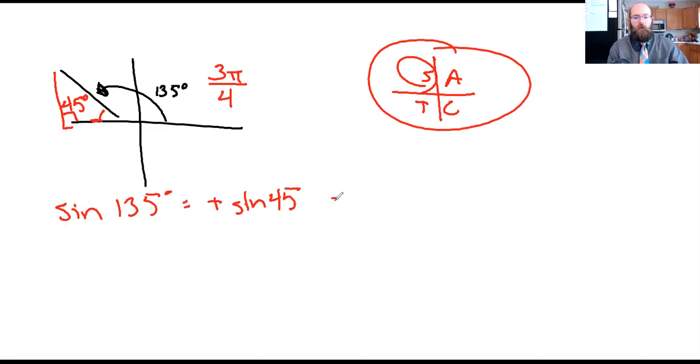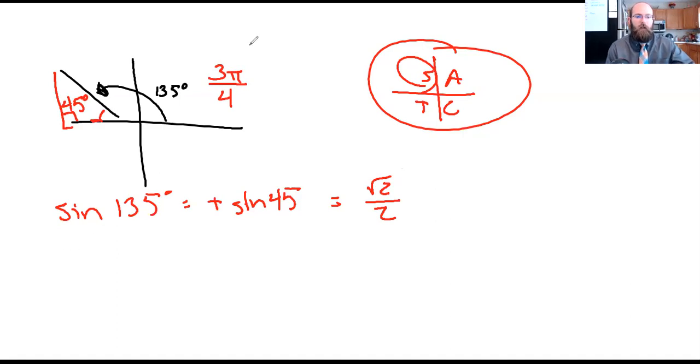And sine 45, I talked to you in one of our first videos, is going to be one of our memorized values. Anything that comes from a 45-45-90 triangle or a 30-60-90 triangle is memorized. Go back and look at that video and you can check that out. So that's going to be square root of 2 over 2. I do not want any kind of decimal value for any angle that is a 30, 45, 60, or 90 degree angle, or any variation thereof, like this one's 135, well, it's a reference angle of 45.